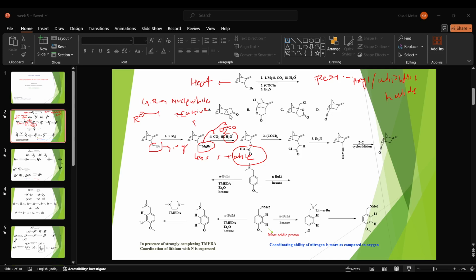And after that, what will happen? We have oxalyl chloride. We know that by using oxalyl chloride, from the acid we will get the corresponding acid chloride.